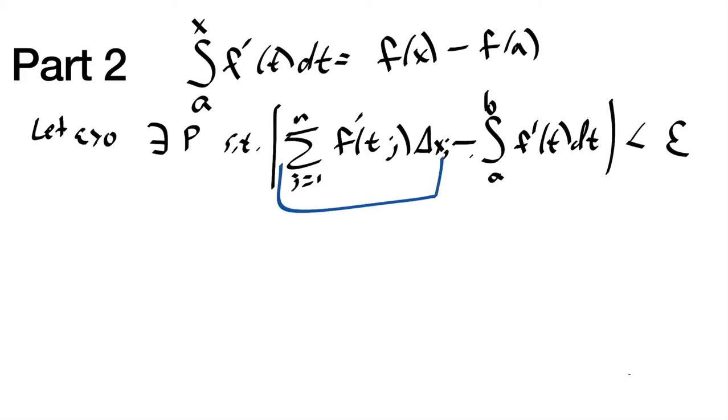So we're going to deal with this partition in which it's very small, and then we're going to slowly replace this thing with f of b minus f of a.